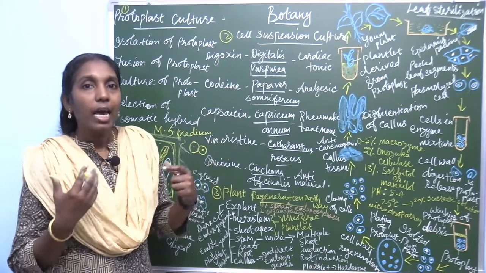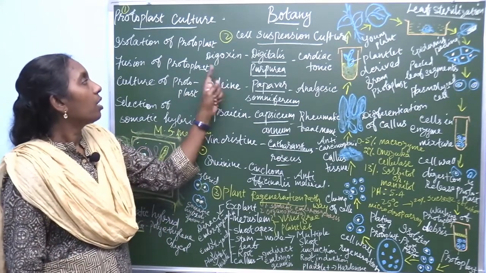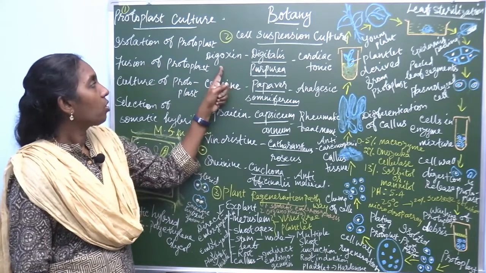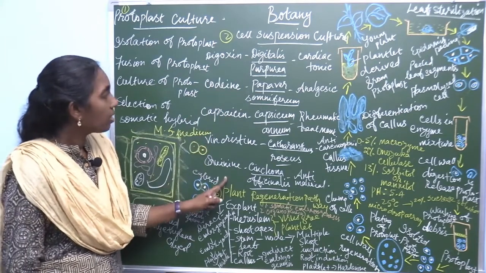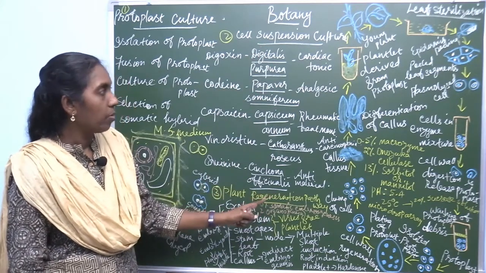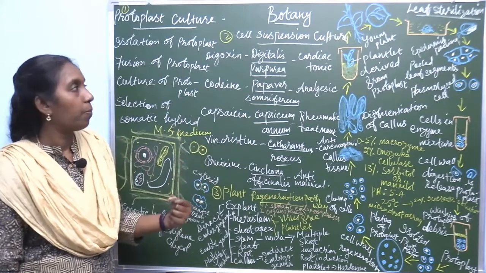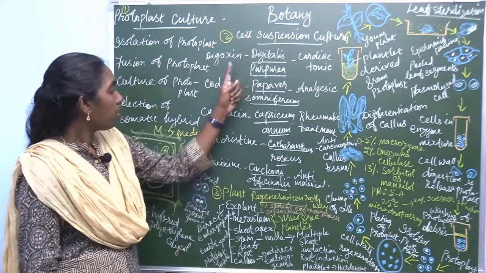What are the examples of cell suspension culture? Here there is a product called digoxin. This is the product, that is, the secondary metabolite. This is the plant source from which it is obtained, and these are the uses. This is also important.